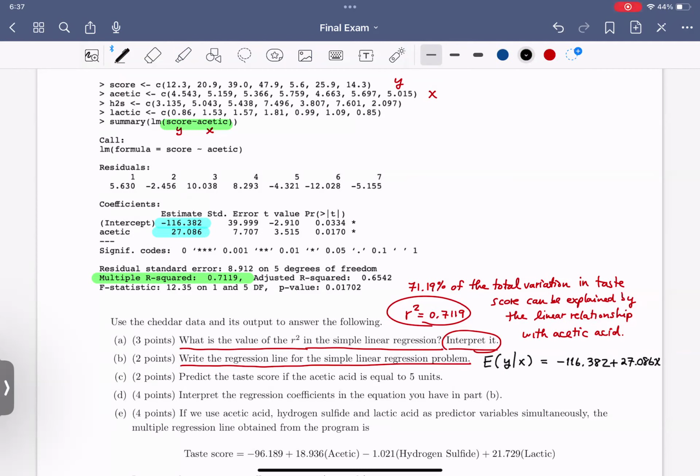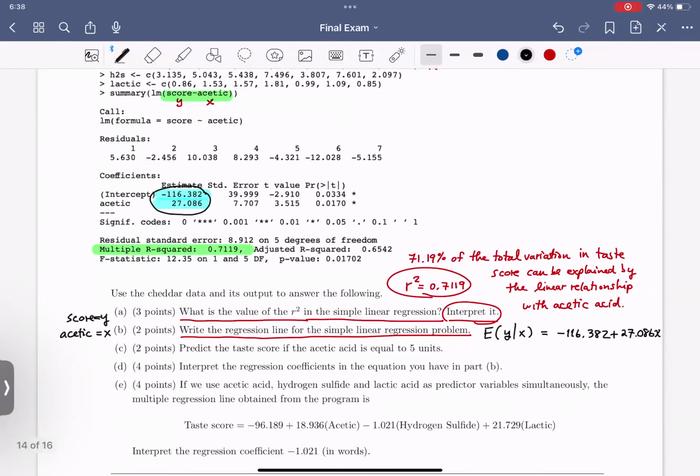If you let the score be Y and acetic acid be X, then the expectation of Y given X is minus 116.382 plus 27.086X, because this is your intercept and your slope from the program.